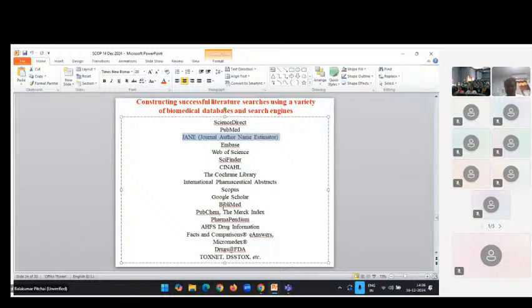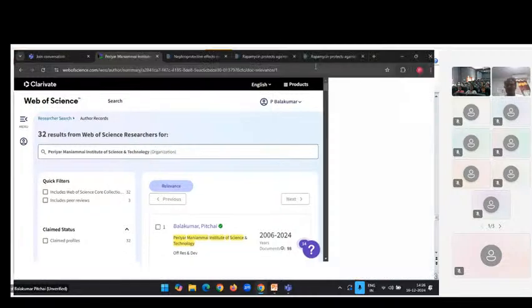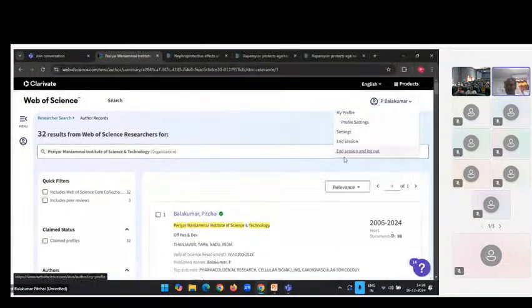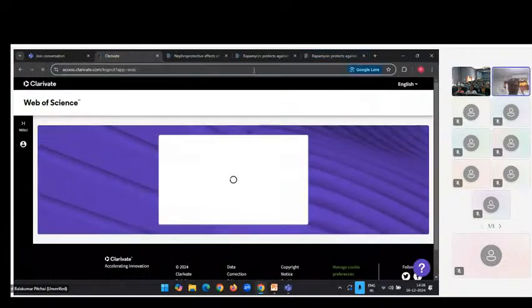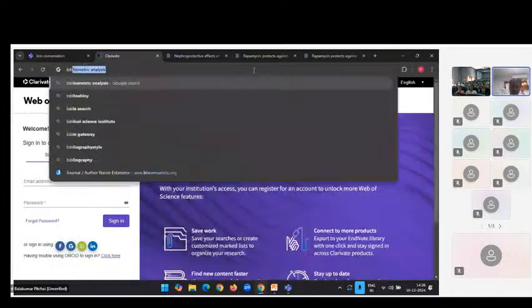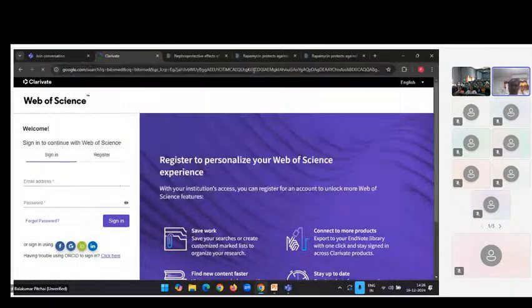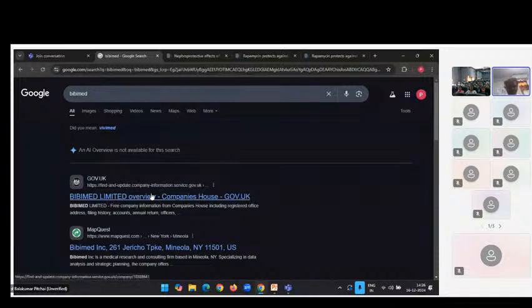So this is all Google Scholar, PubMed. Yeah, PubMed is another one you must know. Let me sign out. Okay, so I am entering PubMed. It is a sister concern of Medline.